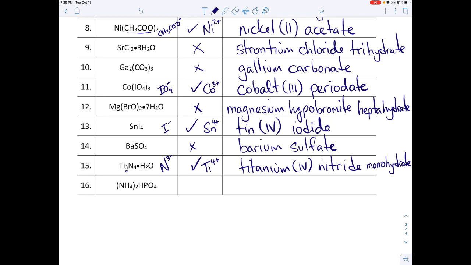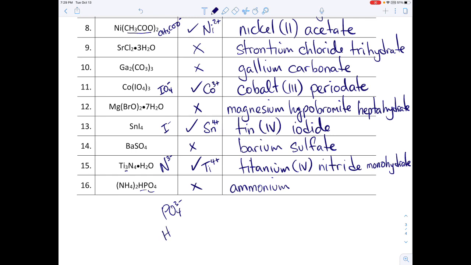And lastly, ammonium, NH4, I recognize as a complex cation. It comes at the beginning of the formula, so it must be a cation. So that's just ammonium. It's not a type 2 cation because it's a complex ion. Ammonium, NH4 positive. And then what is HPO4? Well, I know that PO4 3-, whoops, wrote a B when I meant a P. I know that PO4 3- is called phosphate.